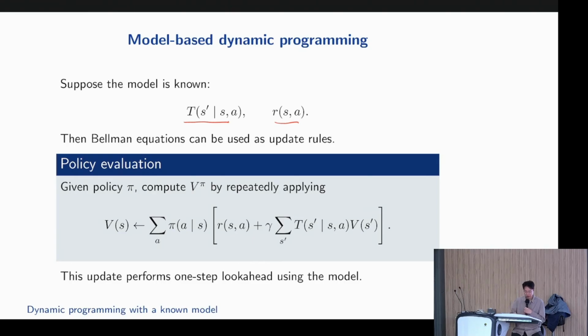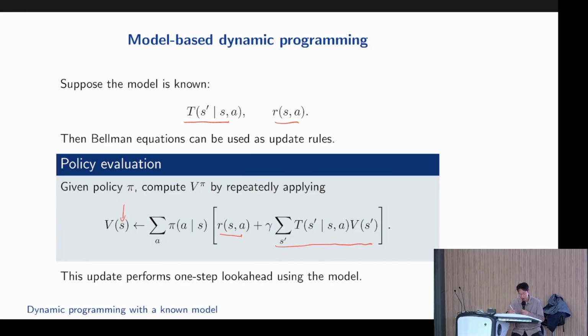Okay, so what's policy evaluation? Given the policy pi, we can compute v pi by repeatedly applying this update. So the value of a current state, any state, is the expectation over actions under the policy of the immediate reward plus the discount times the expected next state value. This update does a one-step look ahead.